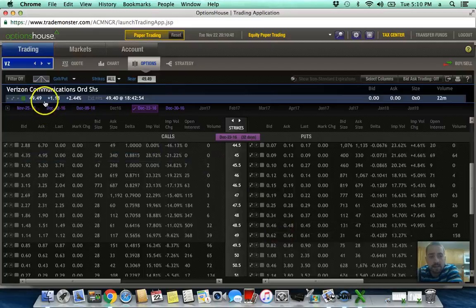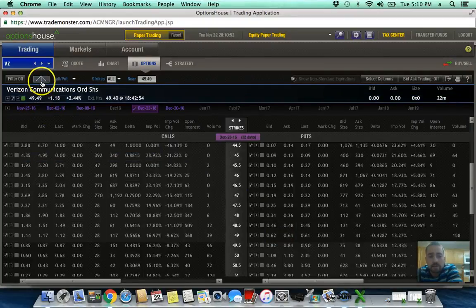And let's say Verizon stayed at 49, went up to 50. I keep that money, never get called out. If Verizon went all the way down to 48.51, I keep that money. I keep the almost $100. But my risk is if it goes below 48.50, I have to buy the shares. So I buy the shares at 48.50.